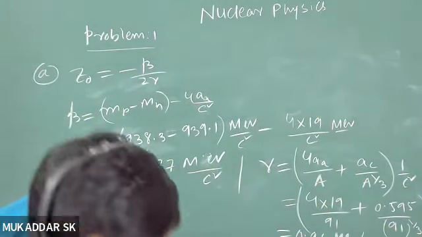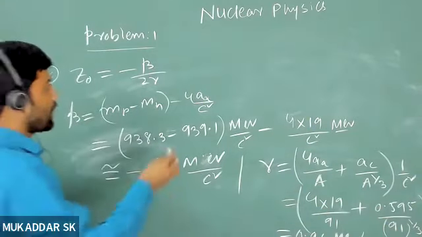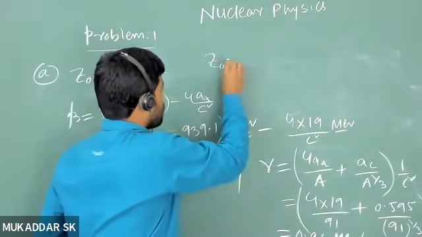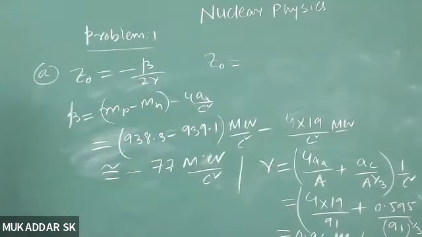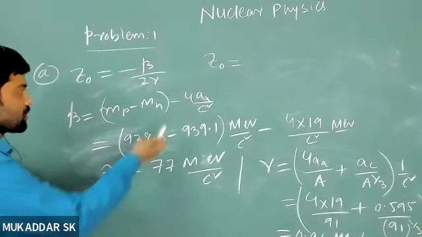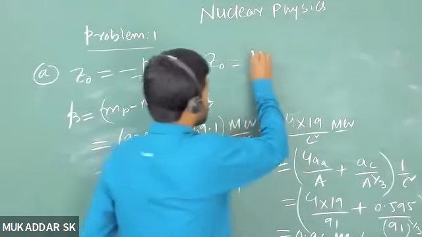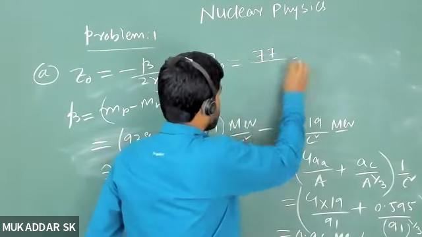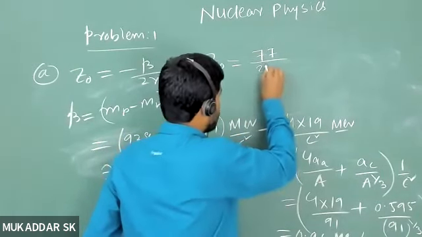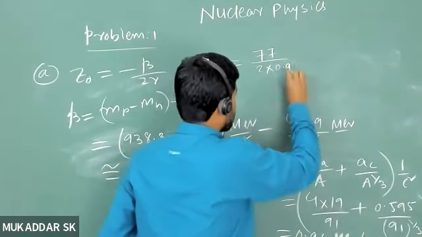Okay. Now I can calculate that Z naught. So that is minus beta by twice gamma, and you have minus here. In beta you have minus, and you have minus here also. Minus minus plus, so it will be 77 divided by 2 into 0.96, right?